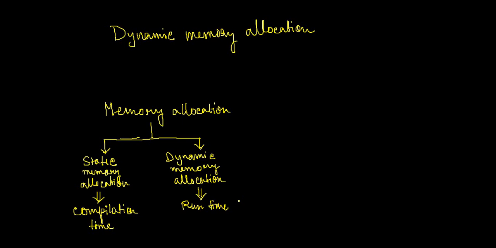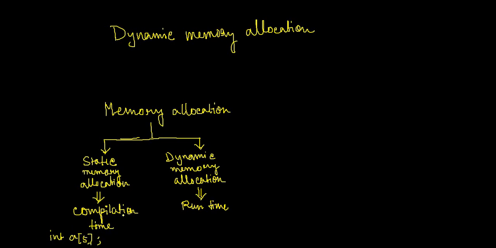So at the time of compiling your program from high level language to low level language, this static memory allocation is done. For example, declaring an array that you have already seen, say int A[5]. This is a static memory allocation.